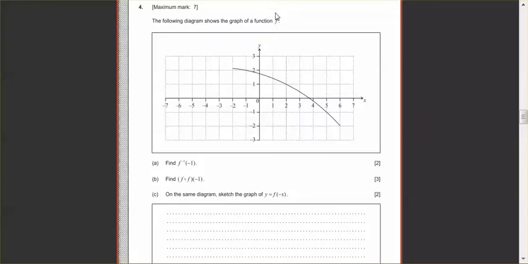Okay, so all this is about is understanding functions and function notation and the link. For instance, find f to the minus 1, that's the inverse, yeah? So we know that x goes into a function, f of x, and out comes y.